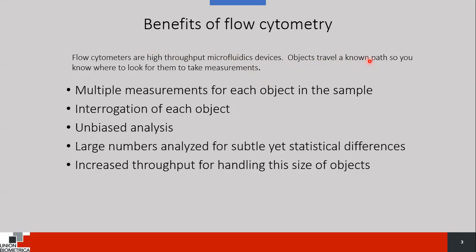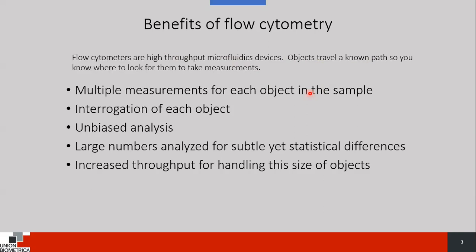What are the benefits? What's the big deal about flow cytometry? First, and there are a number, one is that you can take multiple measurements of each object in the sample and you can interrogate every object. Because it's a machine that's making those measurements, you're reducing or eliminating any bias that might be introduced by the researcher.